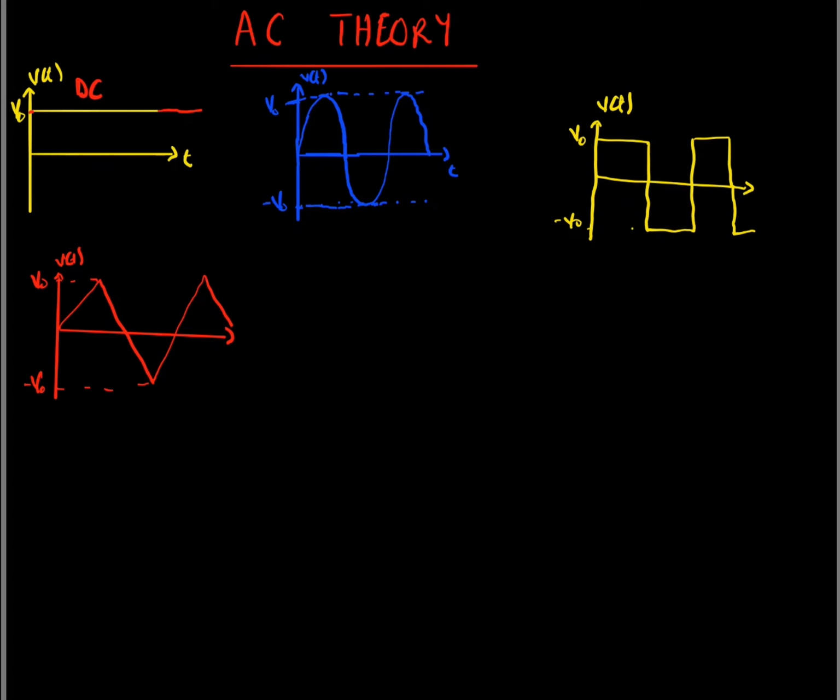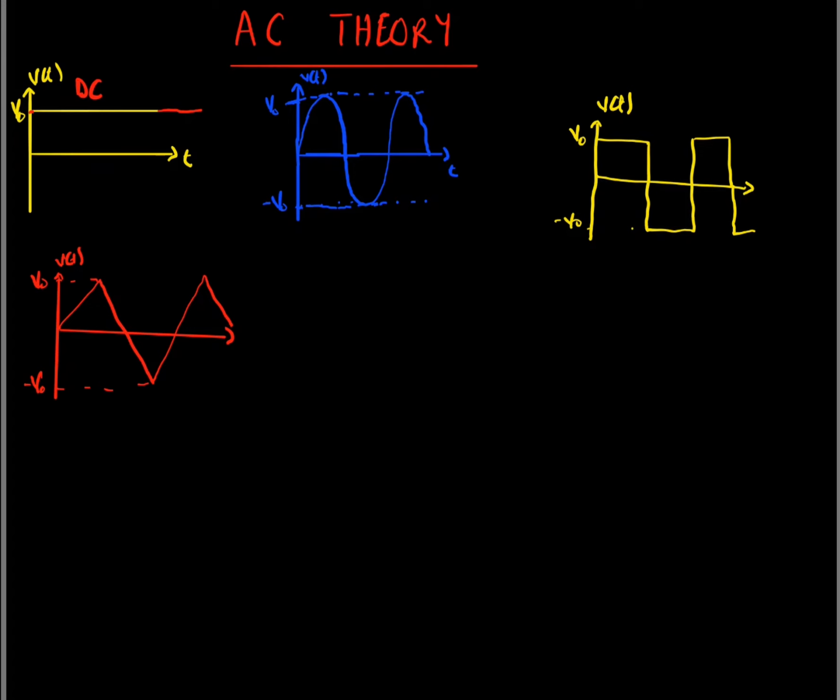In AC theory, that is alternating current, we have what we call alternating. The term alternating indicates that the waveform, that is a signal, which is either current or voltage, alternates between two prescribed levels in a set time sequence.